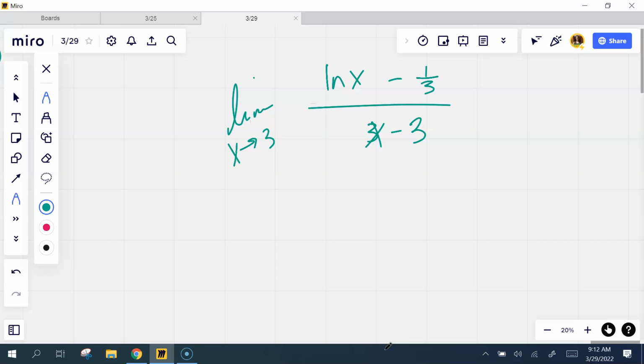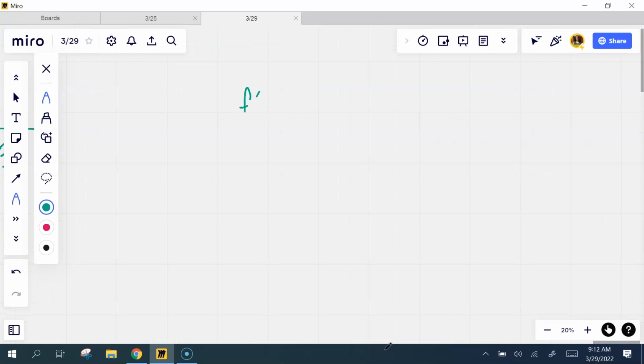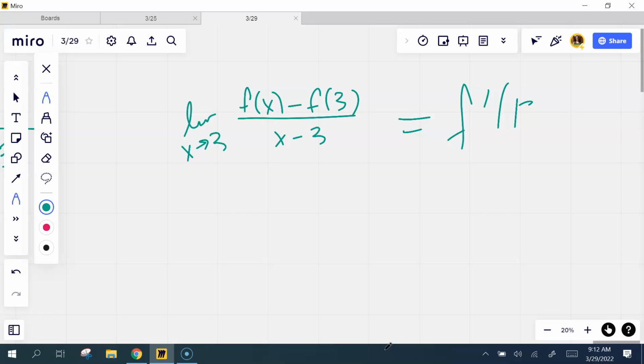Gotcha. But this is the definition of a derivative: the limit as x goes to 3, this equals this. And that's on one of those little colored sheets I gave you, the 2 formal definitions.